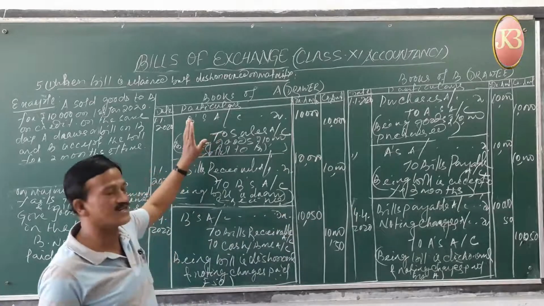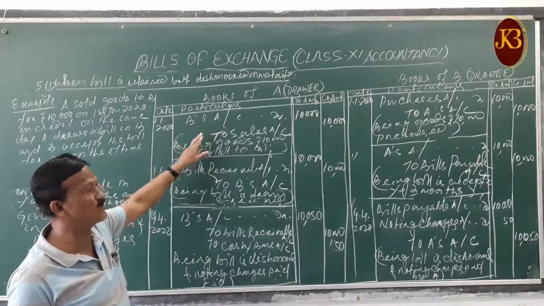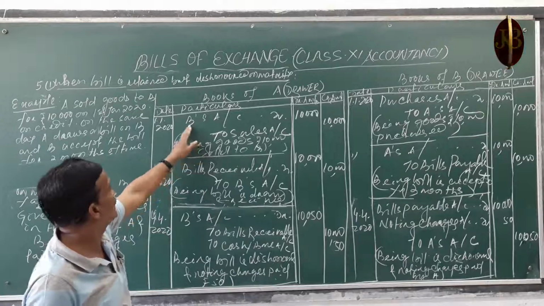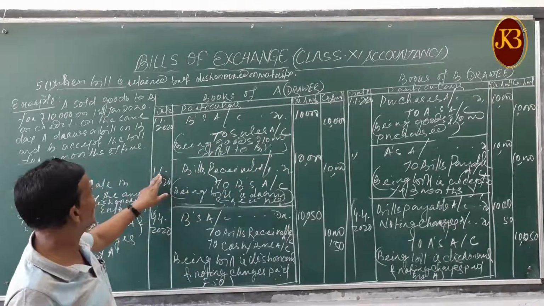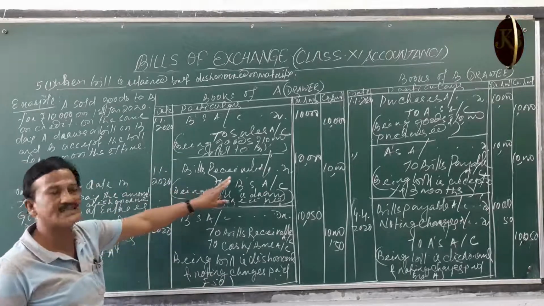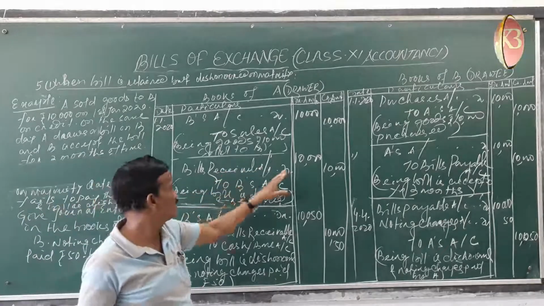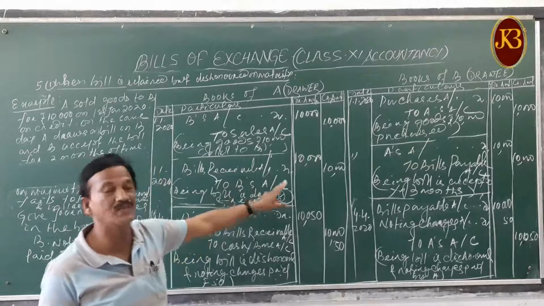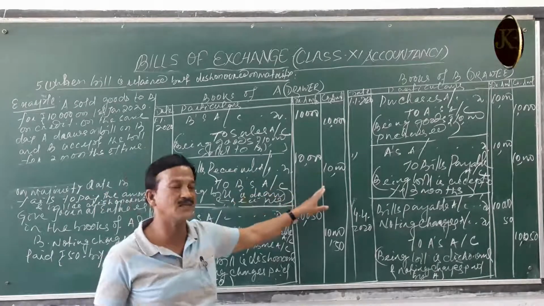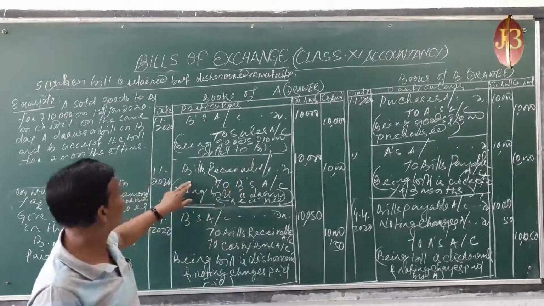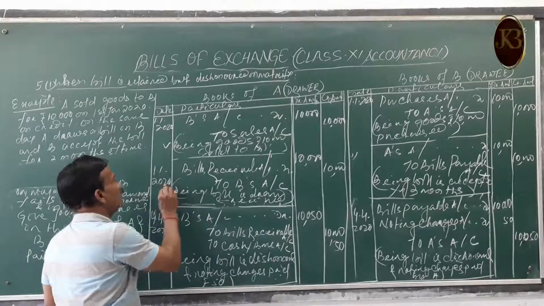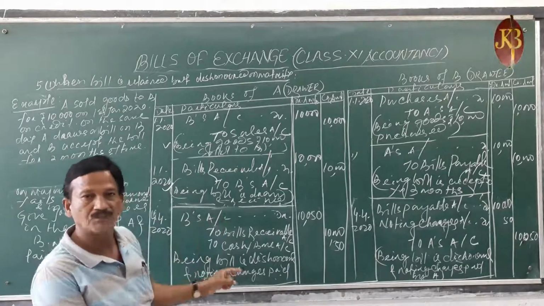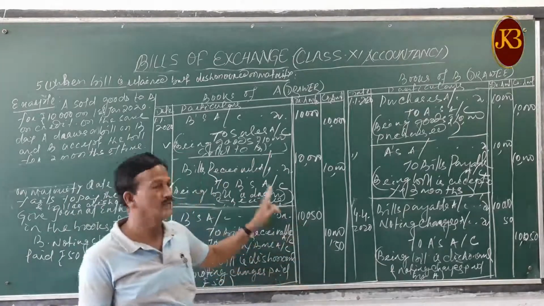The first entry, the sales entry in the books of the drawer: drawee's account debited to sales account. Then the second entry on the same date, bills receivable account debited to B's account, 10,000, as the bill is received. Till this there is no change. These two entries will remain the same for every case.